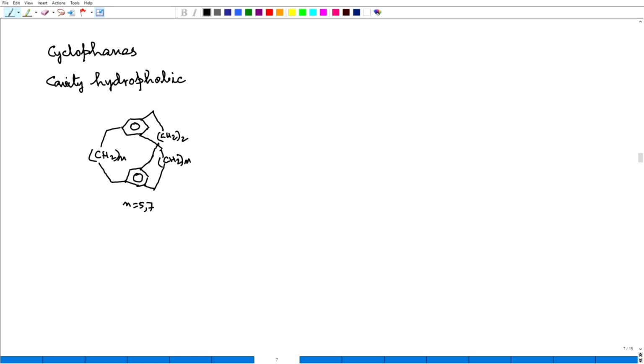Another cyclophane, this cyclophane is very interesting. It is quite a tedious job for me, because I have to draw many structures.